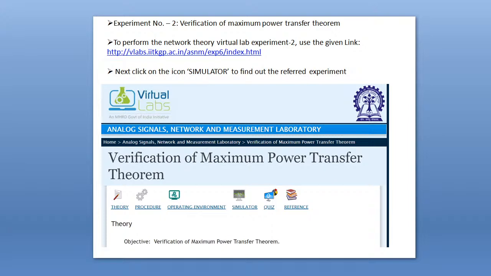Today we will repeat experiment number 2, verification of the maximum power transfer theorem, because most of the students have confusion regarding this experiment, especially the graph corresponding to load power versus load resistance, and also one confusion between two factors: power absorption or load power, and power transfer efficiency.